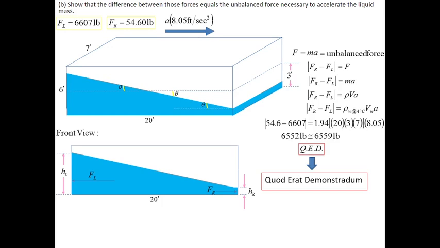What is to be shown. This is to be shown, that the left side equals the right side, that the difference between those forces equals the balance force necessary to accelerate the liquid mass. Okay, so that ends problem 1.